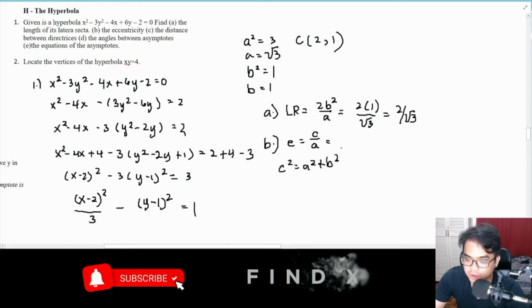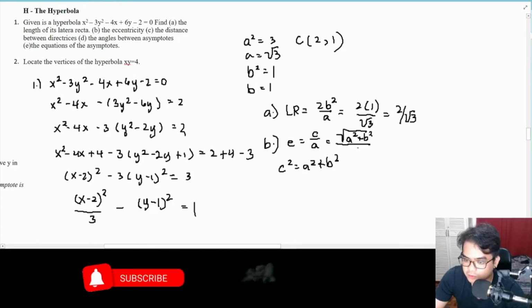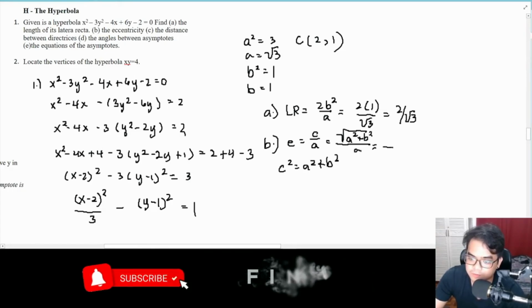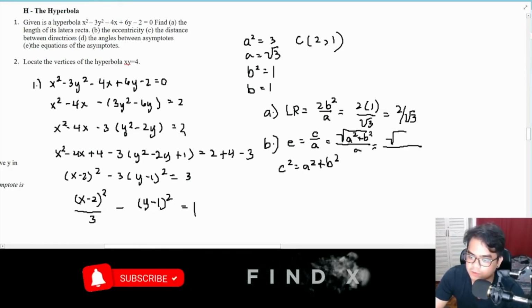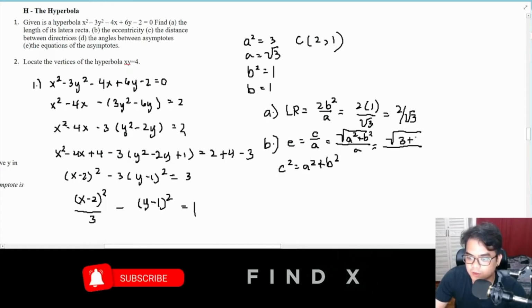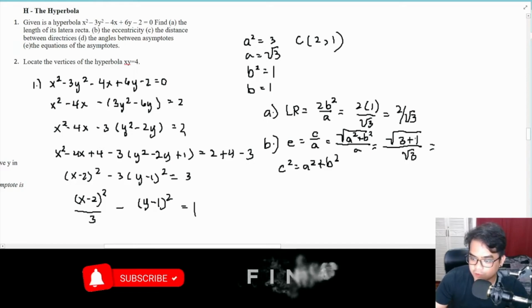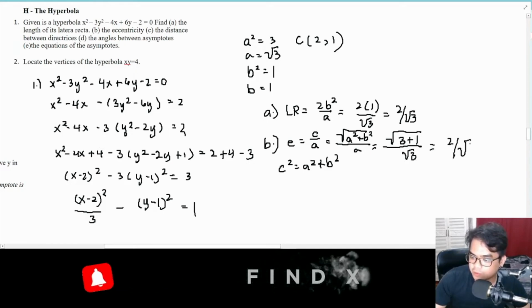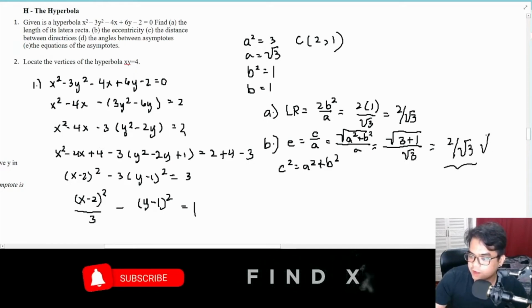So you can replace c by square root of a squared plus b squared, all over a. So this is square root of 3 plus 1 all over square root of 3, so this is square root of 4, which is 2 over square root of 3. So this is the answer. This is also an answer.